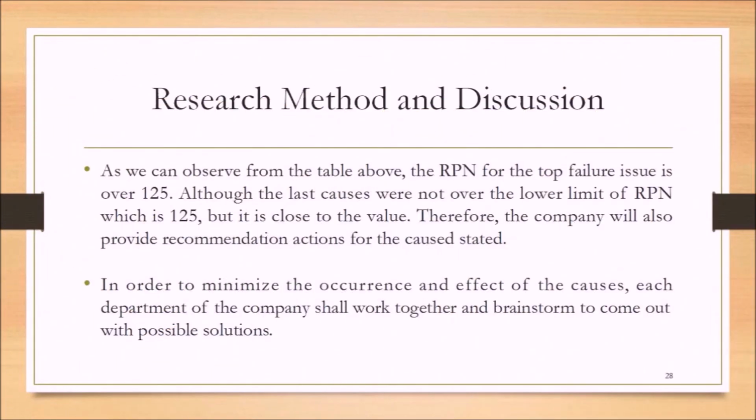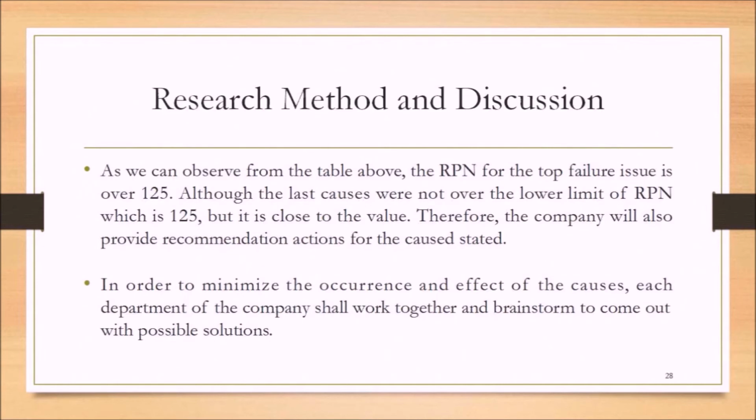As we can observe from the previous slides, the top 2 causes exceed the limit set by the company, which is 160. However, the last cause, although it has not exceeded the RPN limit, is still close to the value. Therefore, the company will also provide recommendations or corrective actions to minimize the RPN value. In other words, it is to minimize the failure.